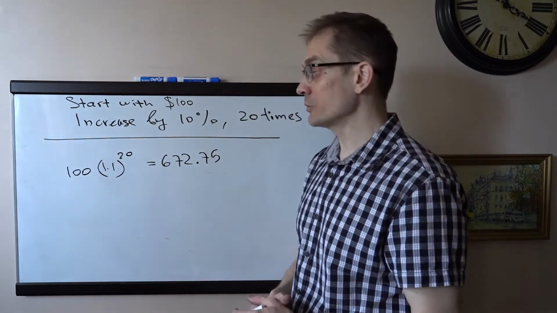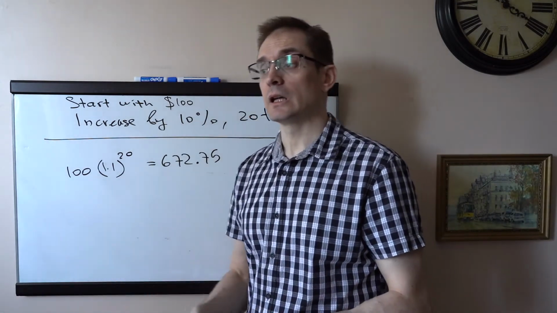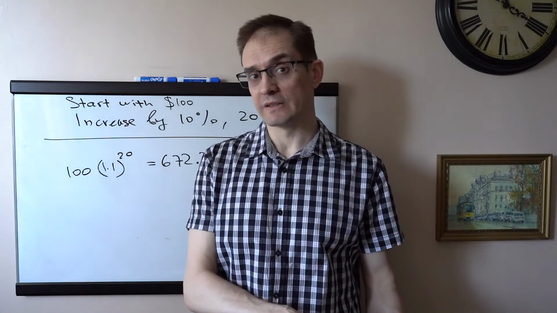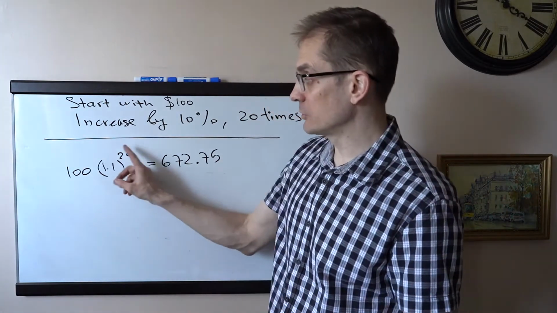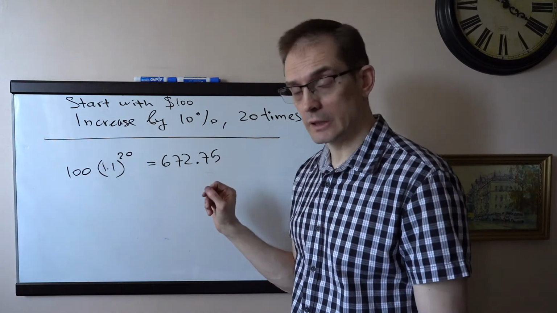That one-step process is finding 110% of the original amount instead of putting 10% on top of the previous amount. You see, that allowed me to write this exponent here, okay?